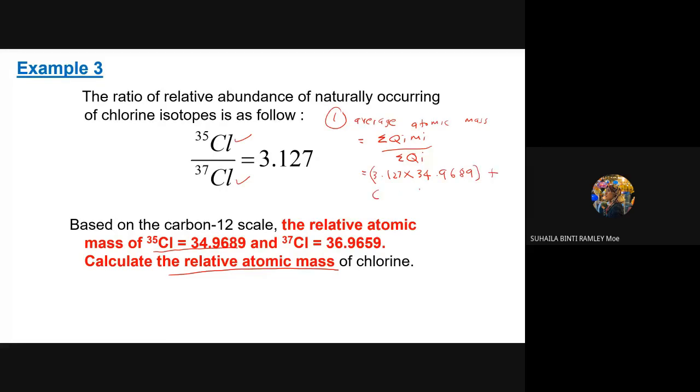Plus chlorine 37, 36.9659, with ratio 1. So it is 3.127 over 1, as a fraction. The total quantity will become 4.127. Then here we get the answer in u. Second step, cancellation of unit.